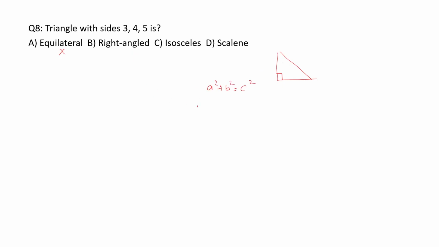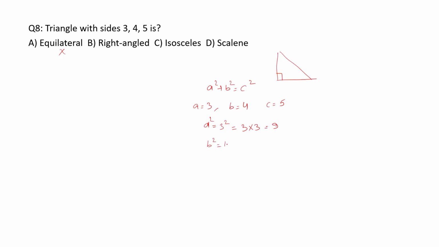Just check. Let's say A is 3, B is 4, and C is, let's say, 5. A square is 3 square, that is 3 into 3, that means 9.